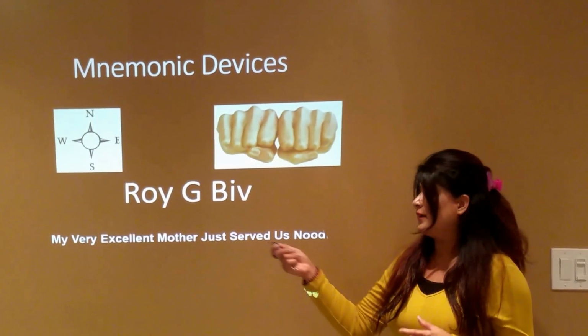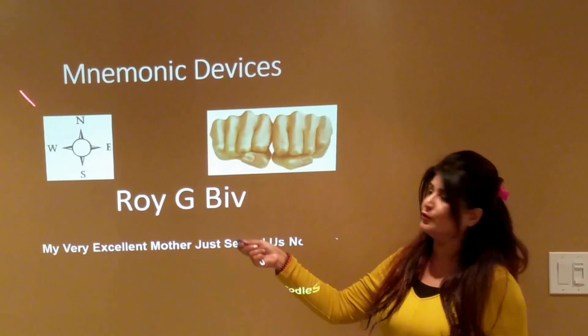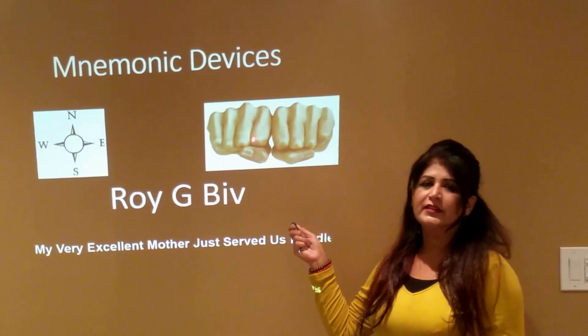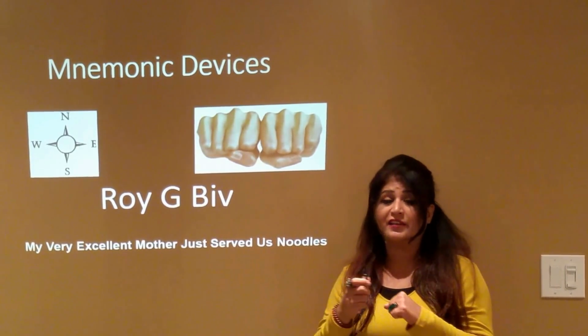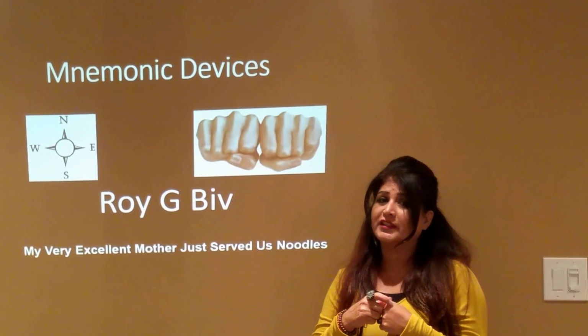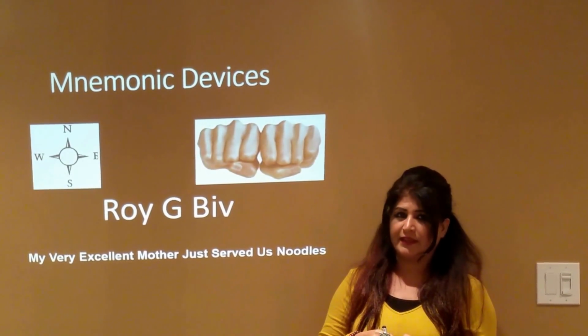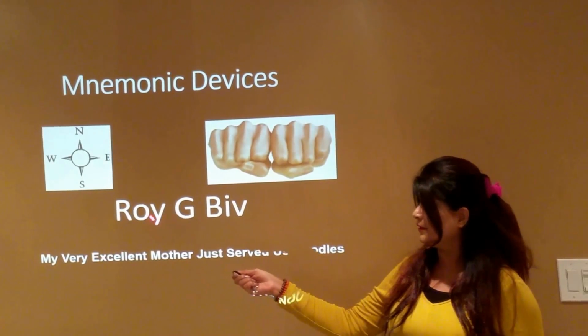That made us remember the directions, and we knew we had to go clockwise. Then these knuckles here, remember how in earlier grades our teachers told us to use knuckles for 31 days and the dips for the other months. So this mnemonic helps to remember the months of the year.